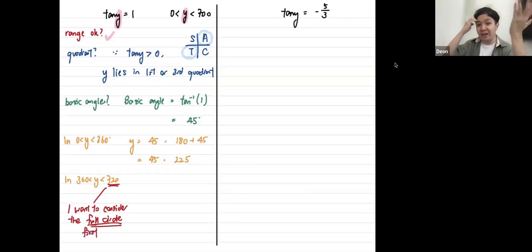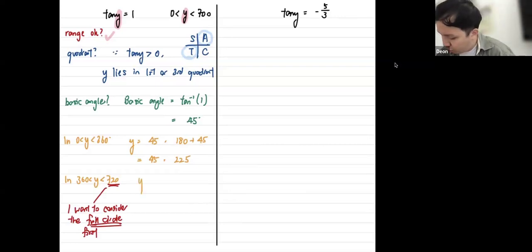I will reject later if I need to reject. So y will be 45 plus 360 and 225 plus 360. So it will be 405 and 585.